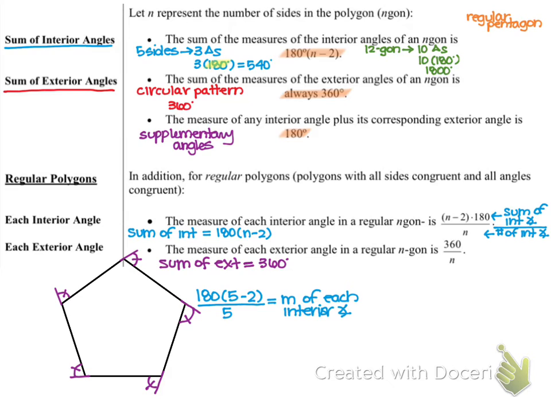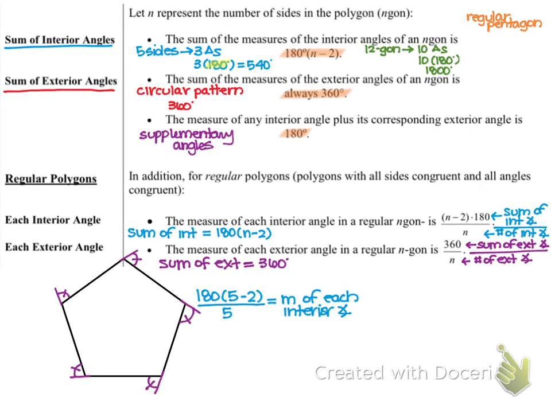If you have a 27-sided polygon, you have 27 exterior angles. So we need to divide by however many exterior angles you have. So over to our formula here. It's the same idea. This is the sum of the exterior angles, and then we're going to divide it by the number of exterior angles.